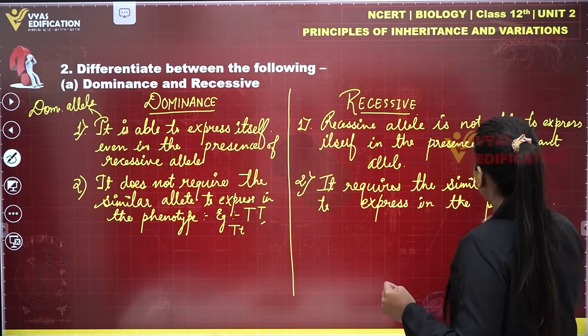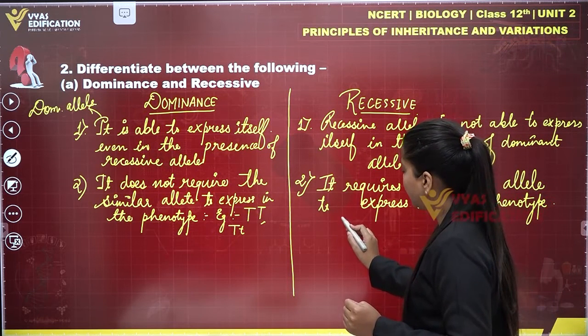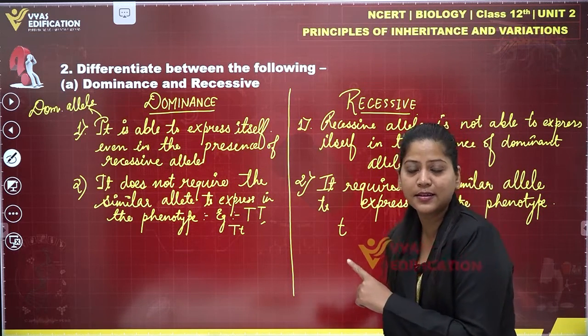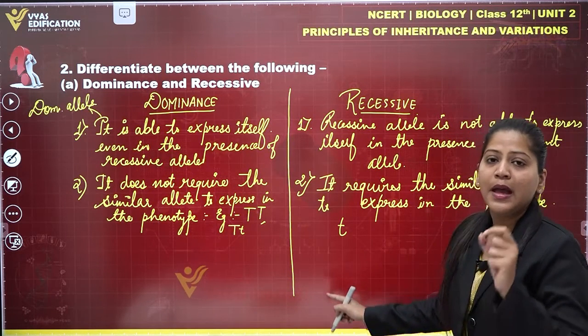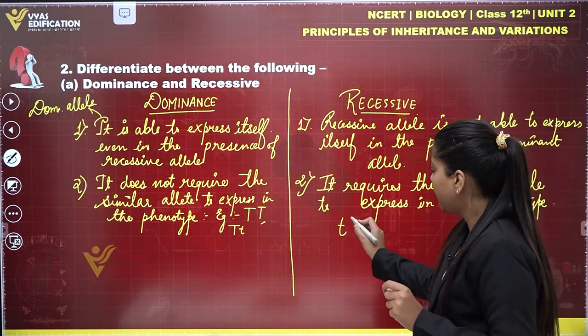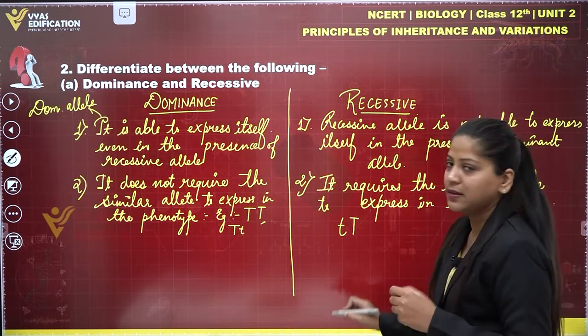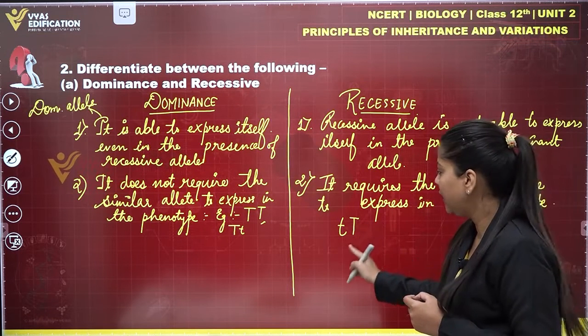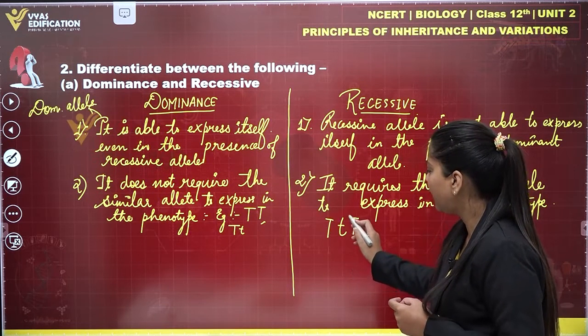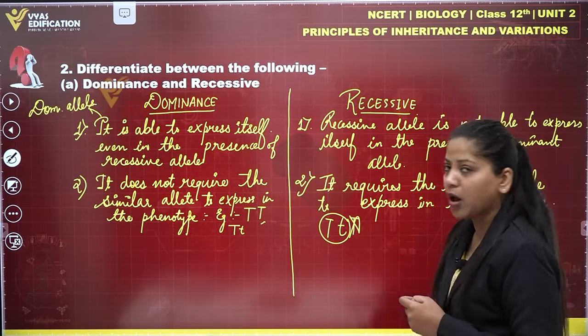For example, let's take this recessive allele for the height of a plant, that means dwarf. If it is present with this capital T, that is not possible, because the plant will automatically be tall.